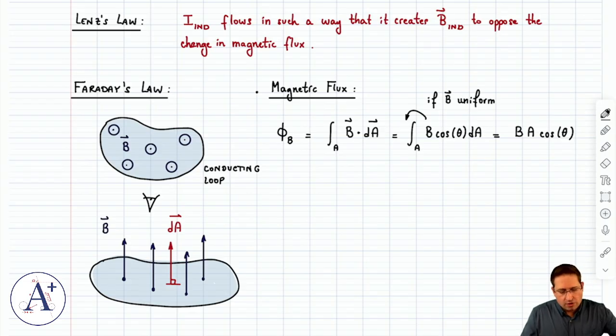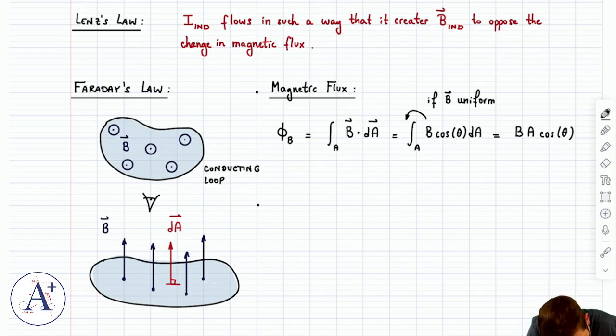Now the main difference also with electric fields is that we did not care how the electric flux changed. We just set it equal to Q enclosed over epsilon naught with Gauss's law. But when it comes to Faraday's law, what we care about is not the magnetic flux, but how the magnetic flux changes.